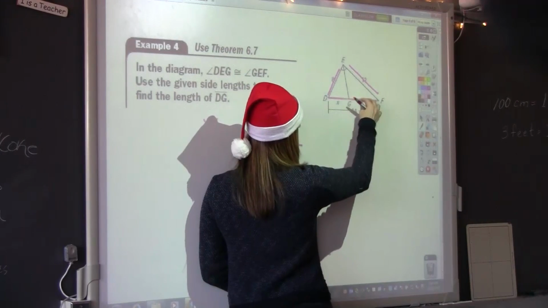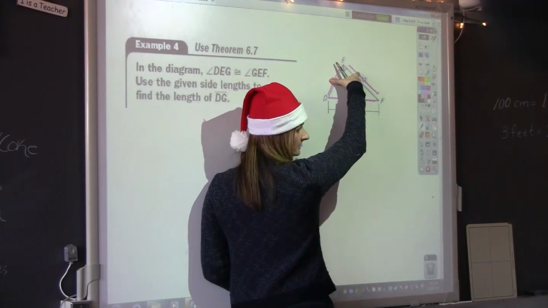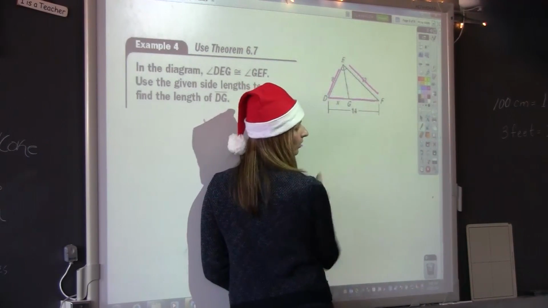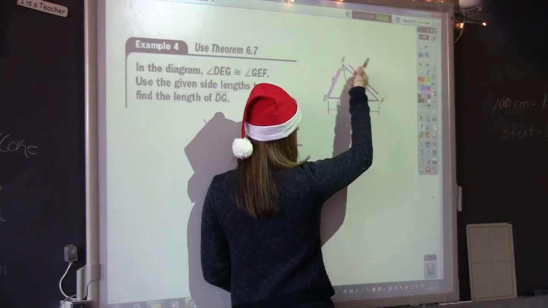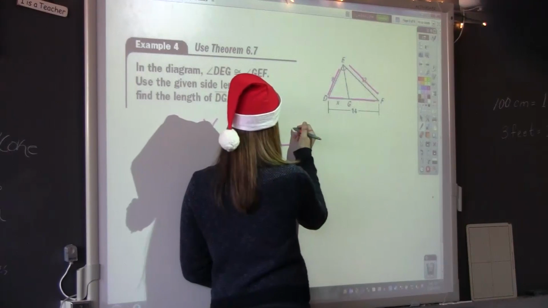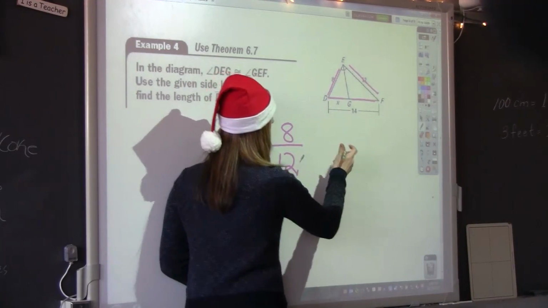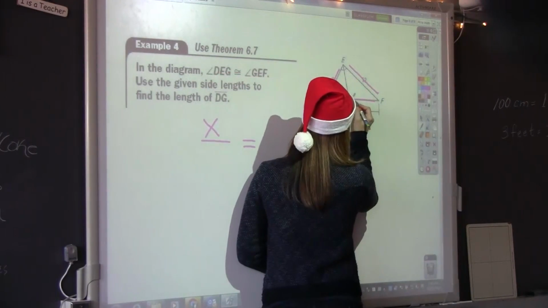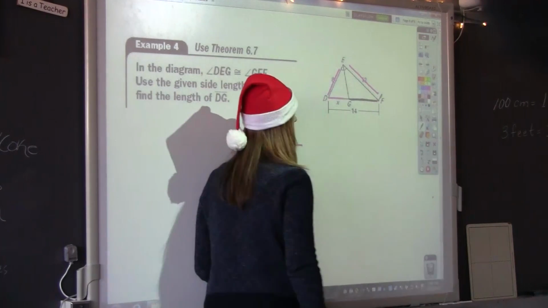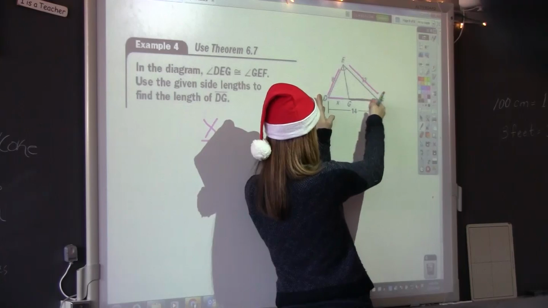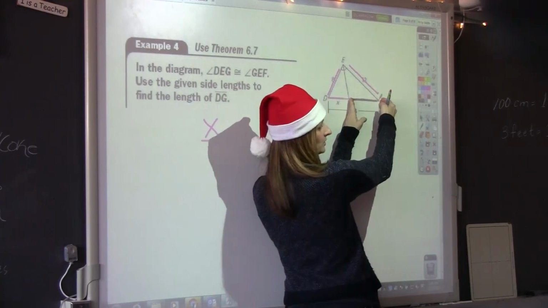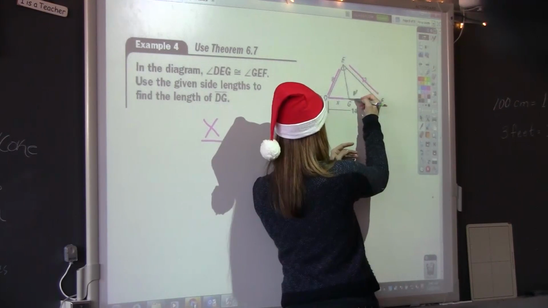Well, we're told that this is the same ratio as this. These lengths aren't equal. So this is to this as this is to this. Put the 8 and 12 there. How do I represent this length right here? 14 minus X. Because this entire length is 14, and this length is X, so this should be 14 minus X. That will work.